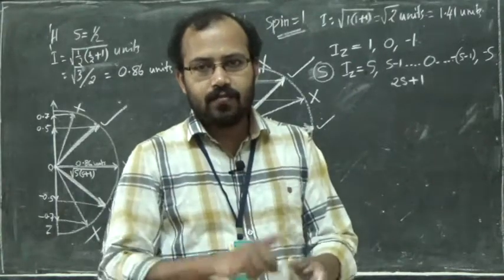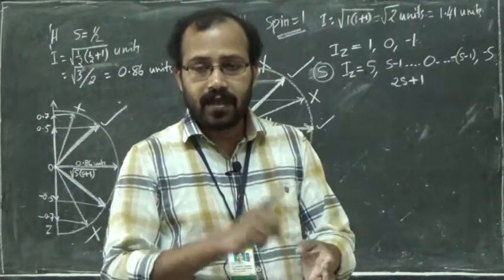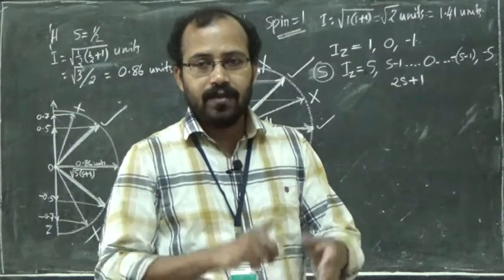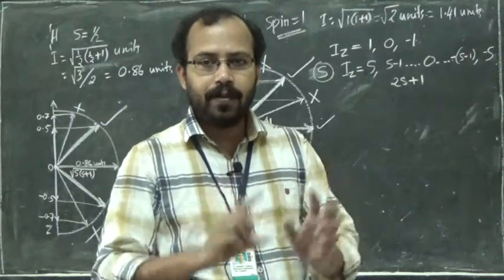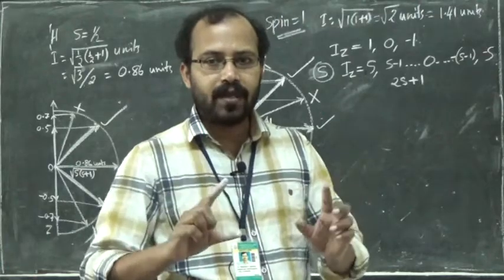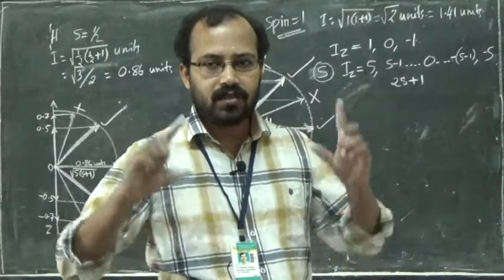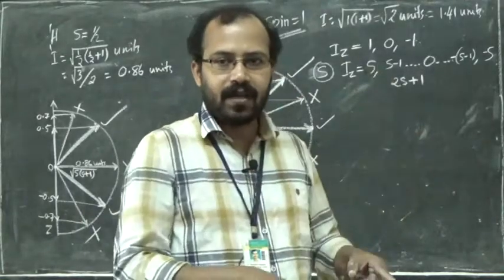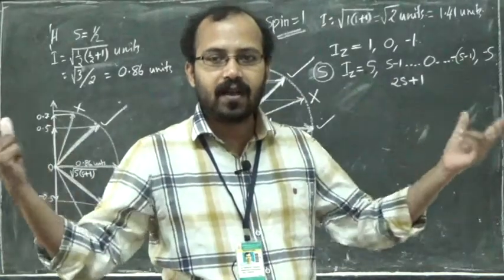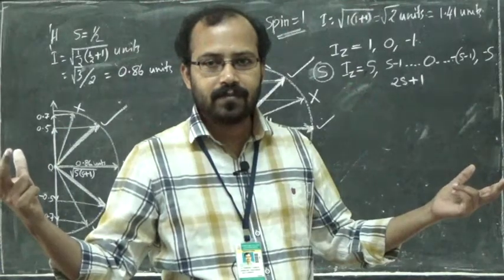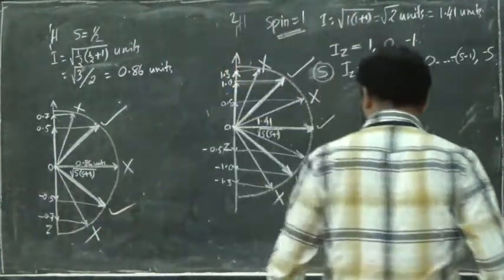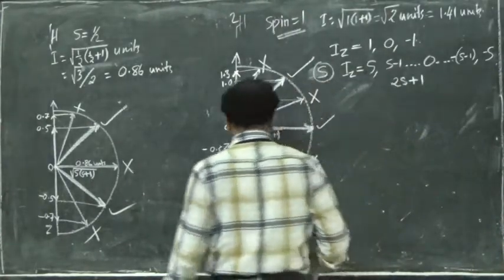When the spin is a half integral value, the angular momentum can orient in space only in certain restricted directions, so that the component in the reference direction is in half integral units. That is the rule.